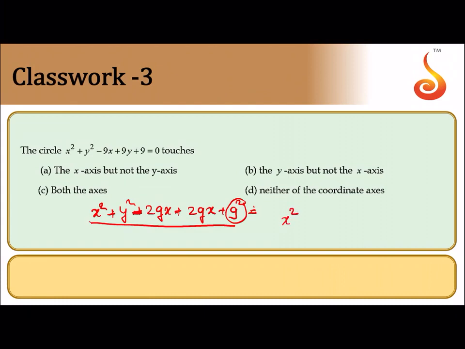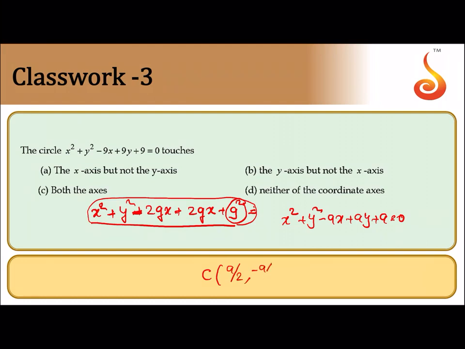So I'll write once again. Sorry for the inconvenience, because it is not g square. Because g is nothing but 9 by 2. It is given only 9. So x square plus y square minus 9x plus 9y plus 9 is equal to 0.